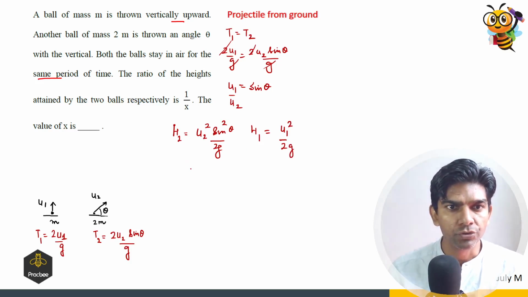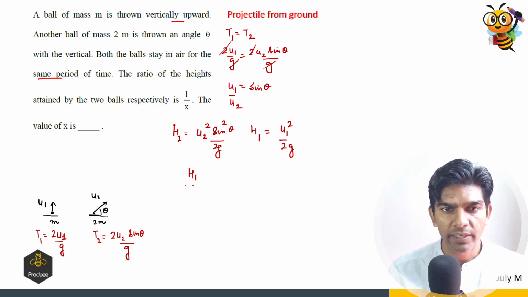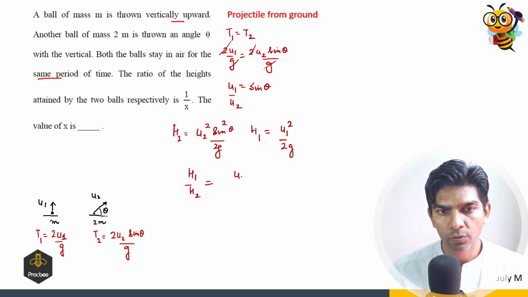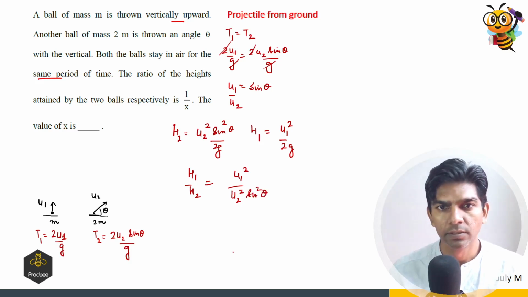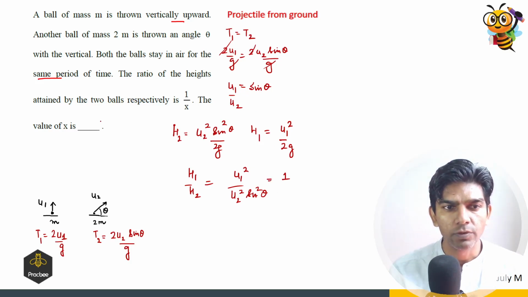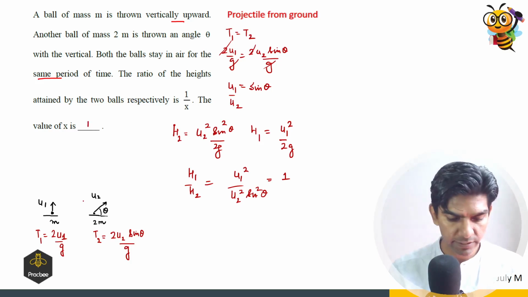Now if you take the ratio, so h1 by h2 will be u1 square upon u2 square sine square theta, and u1 by u2 is given as sine theta, so that is nothing but 1, so x will be 1. So that is the answer.